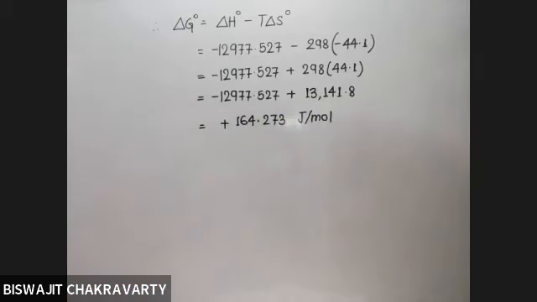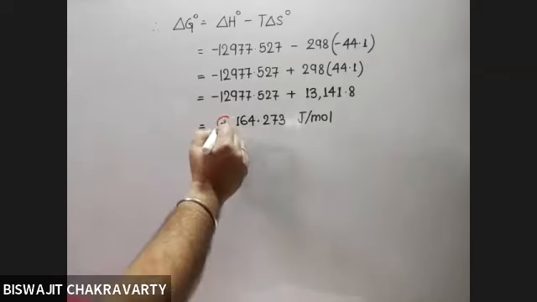Okay. So in the question, you were asked to calculate what is delta G degree. And you are also asked to predict whether the reaction is spontaneous or not. So what can you say about the reaction? Is it spontaneous or non-spontaneous? What do you think?